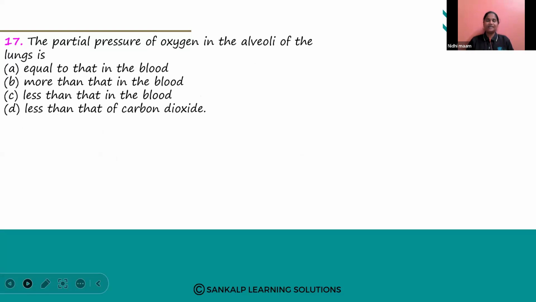So alveoli ಅಲ್ಲಿ ಏನು ಕೆಲಸ ಆಗತ್ತೆ? What is the function which is done by alveoli? So there what happens? Exchange of gases takes place. ಅಲ್ವಾ? Alveoli region ಅಲ್ಲಿ exchange of gases ಆಗತ್ತೆ. Means exchange of oxygen and carbon dioxide. So ಅಲ್ಲಿ ಆ alveoli ದಲ್ಲಿ what will be the partial pressure of oxygen ಅಂತ ಕೇಳ್ತಿದ್ದಾರೆ. What will be the answer here?